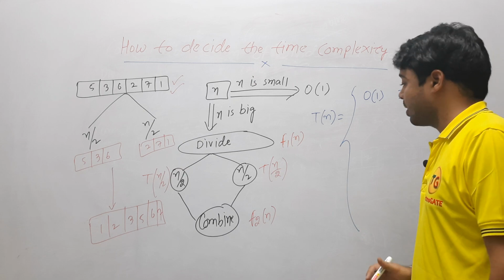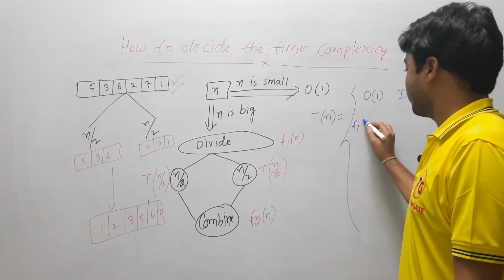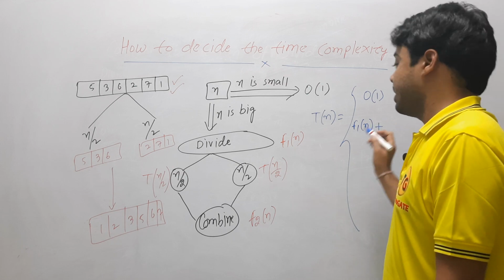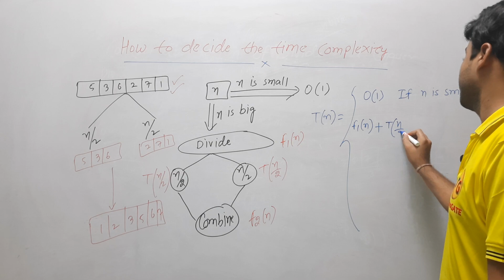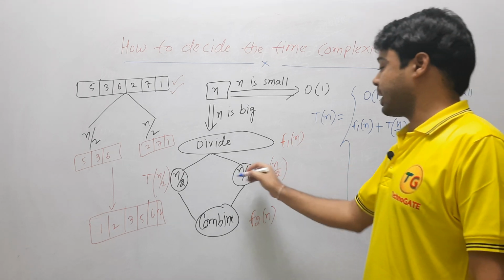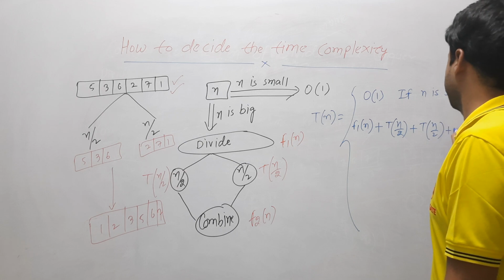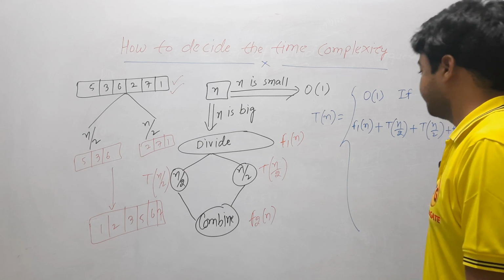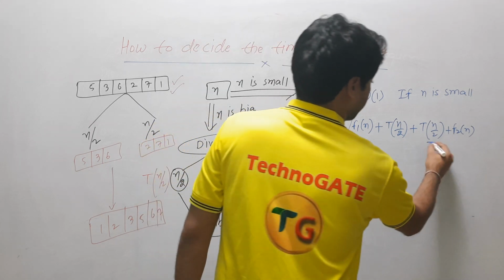But if n is more than 1, then what will happen? The function f(n) plus the first half taking T(n/2) time, plus the second half taking T(n/2) time, if n is big.